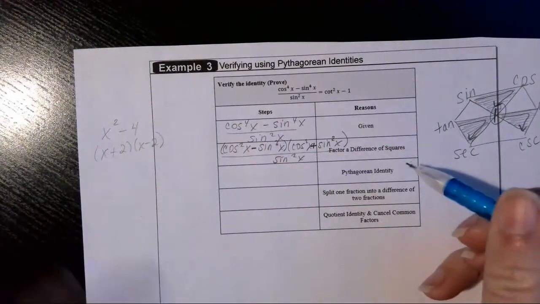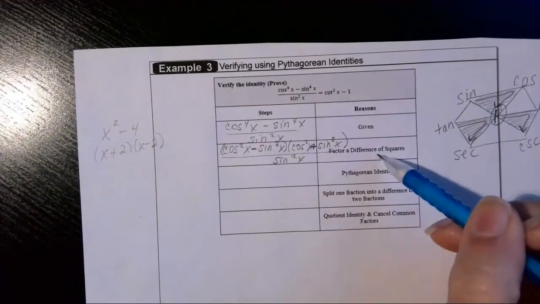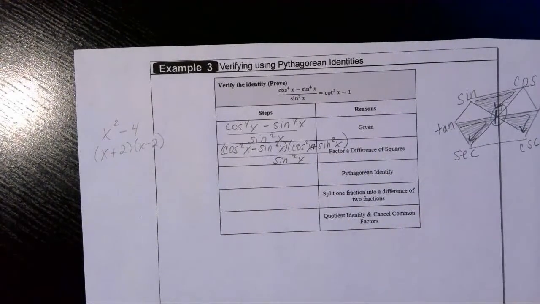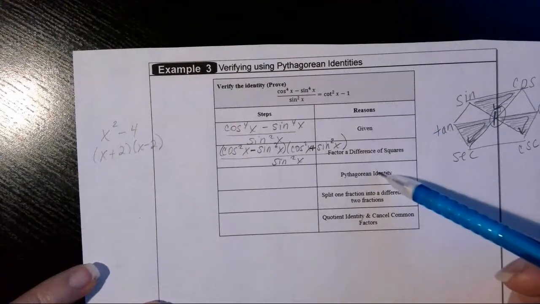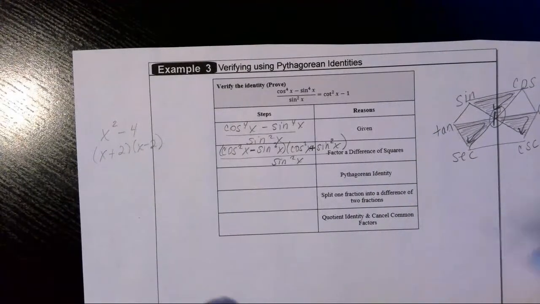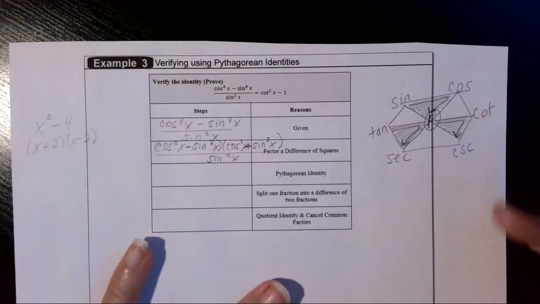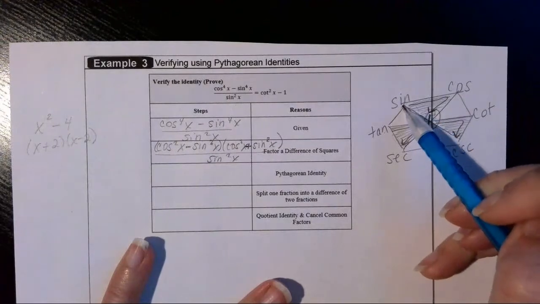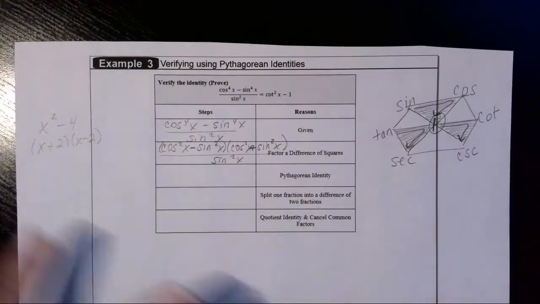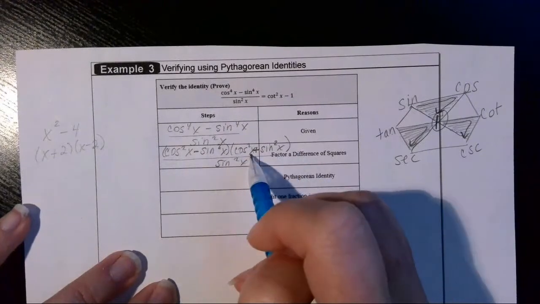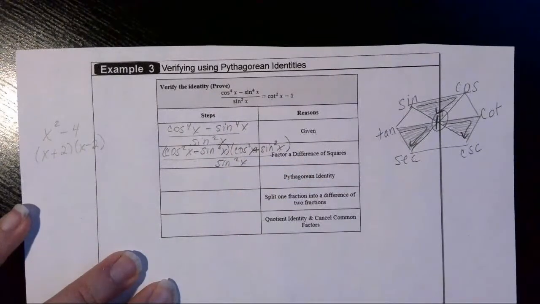Okay. So we went from the given to factoring a difference of squares. Now the next line tells me in the reasons column to use a Pythagorean identity. And when I look over at my trig hexagon, I am reminded that the sine squared of x plus cosine squared of x is equal to 1. And that's what I have right here, sine squared of x plus cosine squared of x.